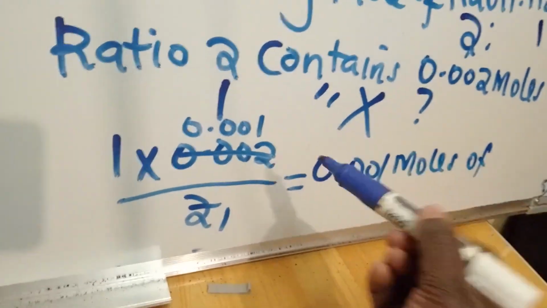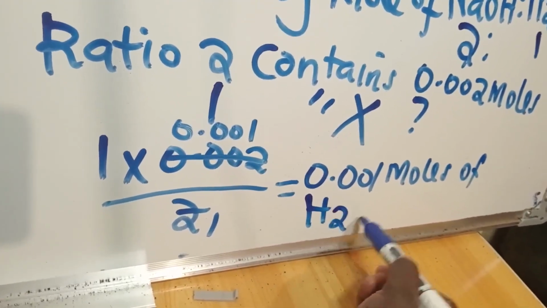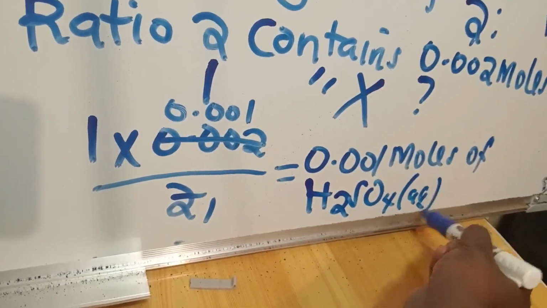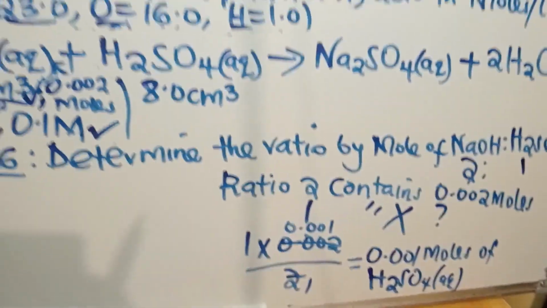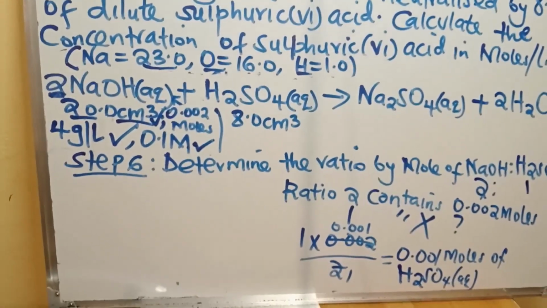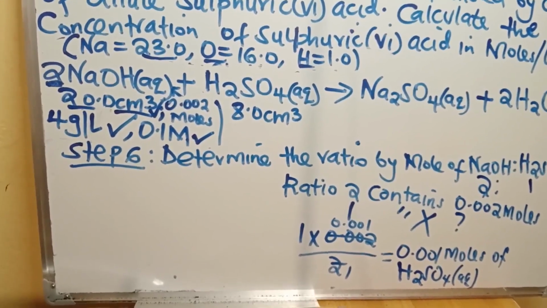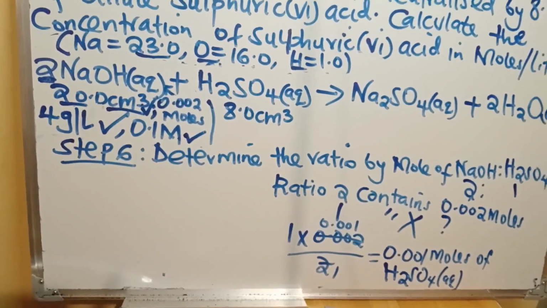of, we must write it belongs to sulfuric acid. So that is the ratio by mole. So for sulfuric acid, we have 0.001 moles.